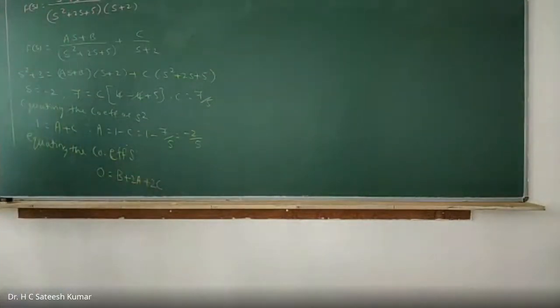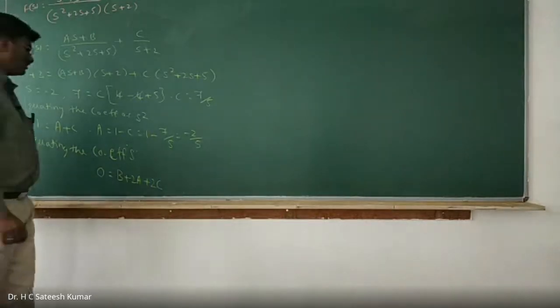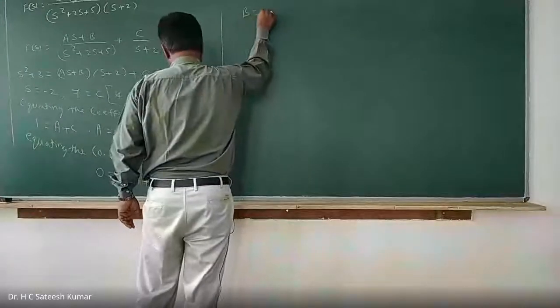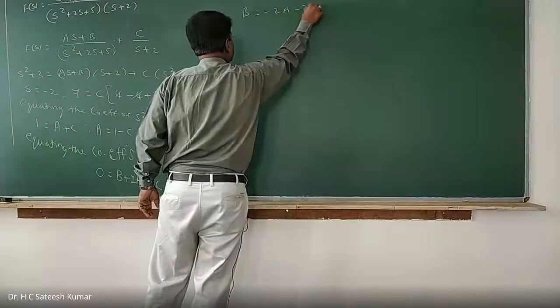Okay, right. So 2A plus B plus 2C is the s coefficient, equal to 0. Now what we need to find out? B is equal to minus 2A minus 2C.